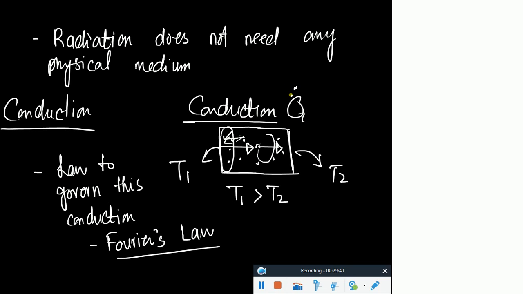Now I am not talking about heat transfer amount, I am talking about heat transfer rate. Heat transfer rate means amount of energy transferred per unit time. So you can say heat transfer rate, I am using this symbol Q dot.